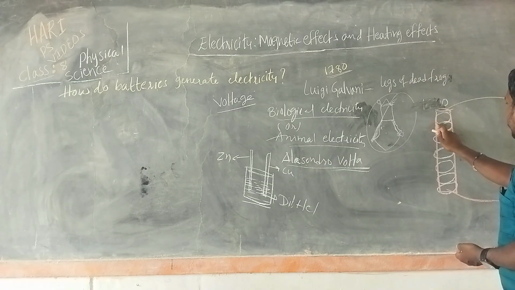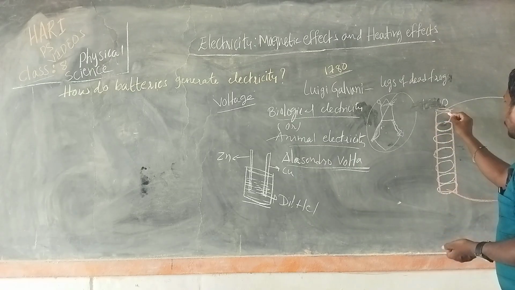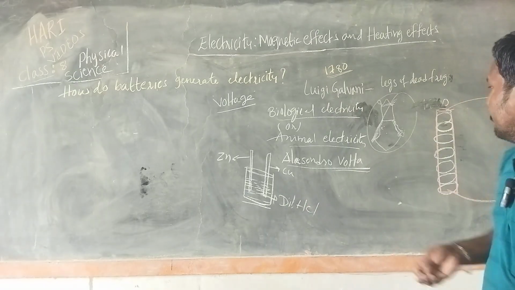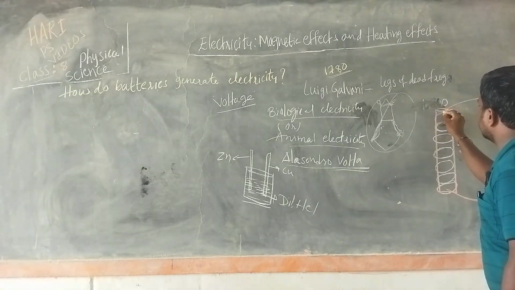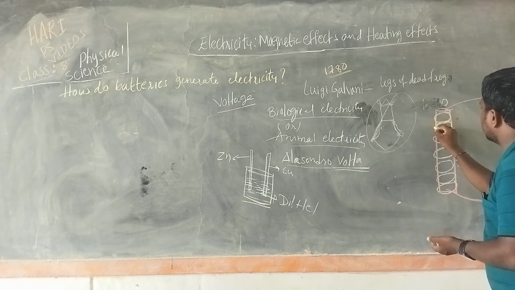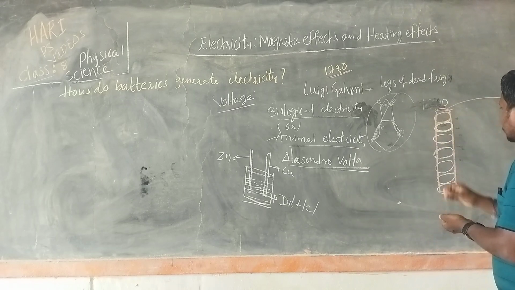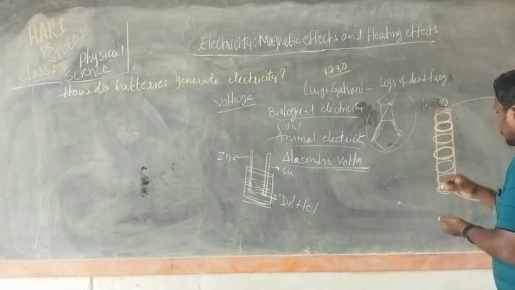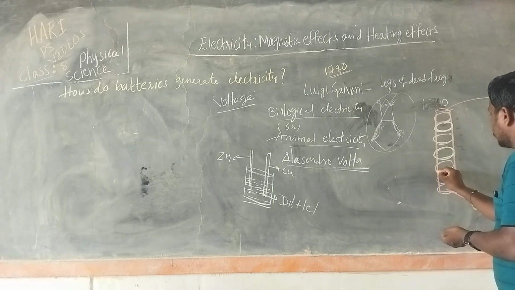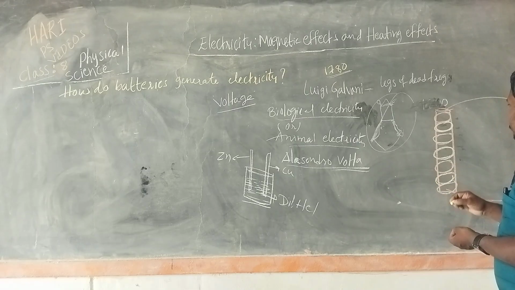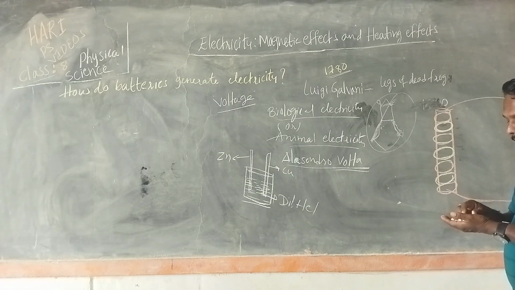In between the plates, one is copper, then another is zinc, then copper again, then zinc. In this way he arranged the metallic plates.